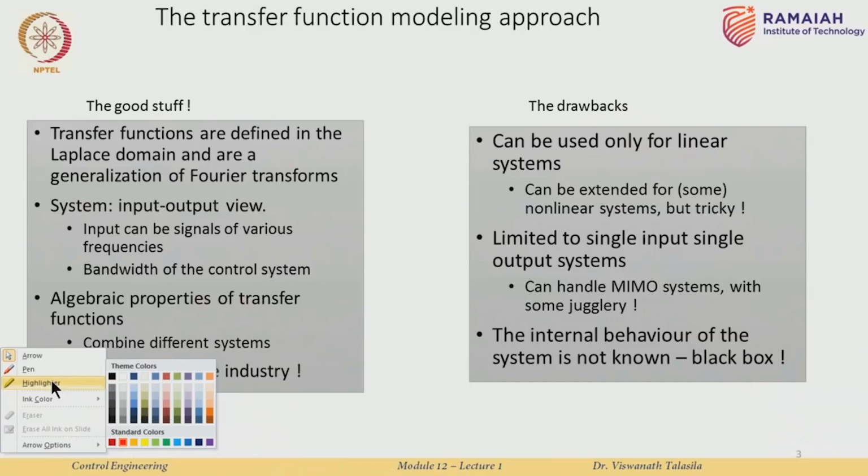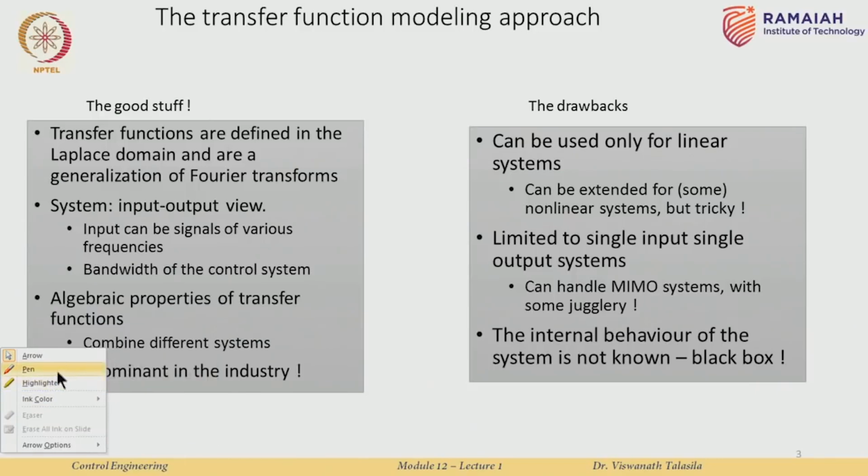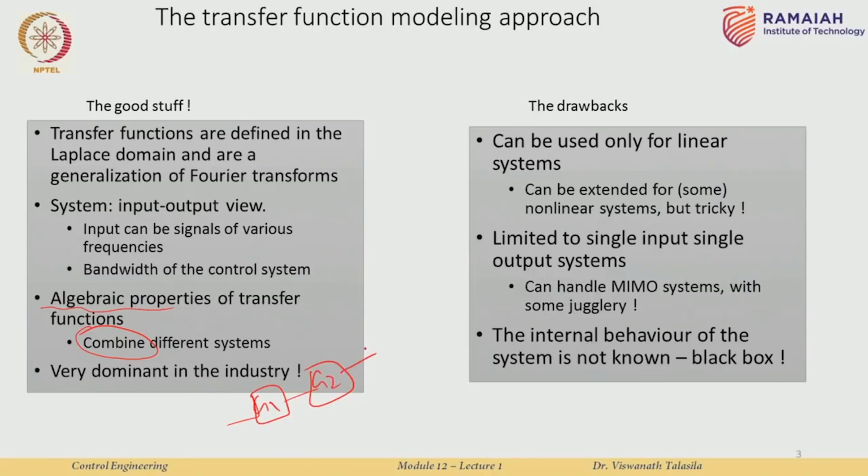So the idea is that I can actually combine different transfer functions by using their algebraic properties, right. We have seen that you can just take two transfer functions in series and combine them by the product of them, or I can take a transfer function and do a feedback with another transfer function, and so on and so forth.